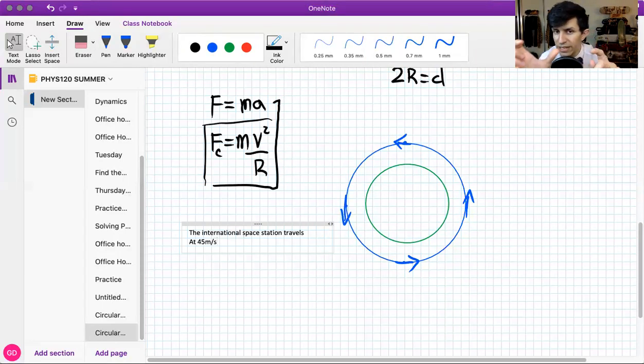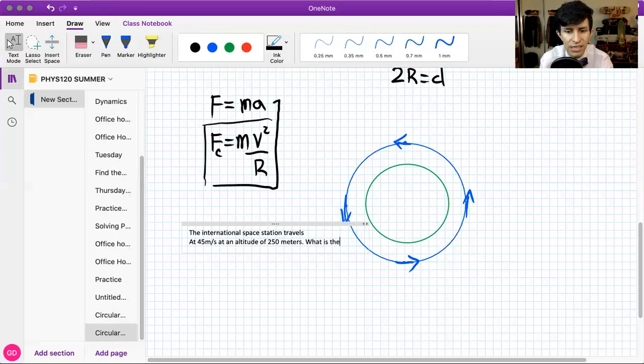So the speed is 45 meters per second, but it's changing direction. So you should contextualize that when you see circular stuff. It travels 45 meters per second all around at an altitude of 250 meters. So I'm making these numbers up. It's actually like kilometers, but I digress.